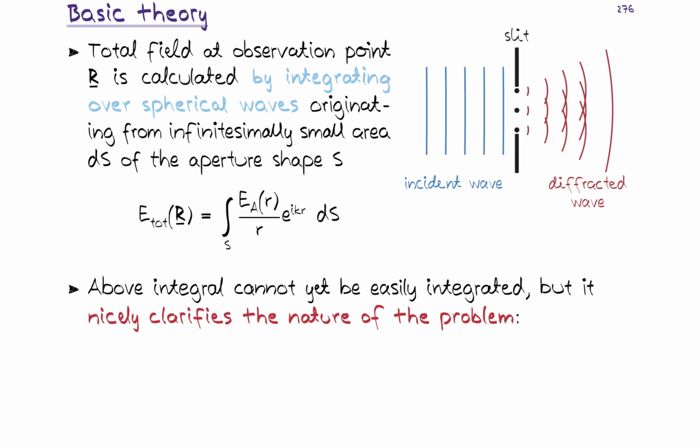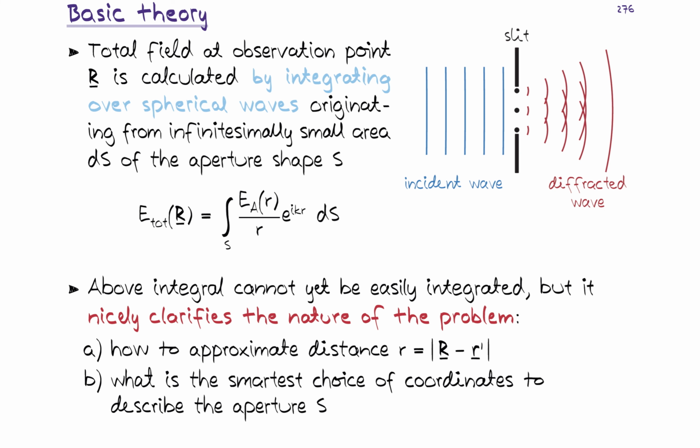So essentially, the problem here is how we could approximate the distance r, the scalar r, so the modulus of capital R minus r prime. And then the question would also be, what is the smartest choice of coordinate system to be used to describe the aperture function S? So these are essentially the two problems at hand. It comes to mind how we can simplify this integral.